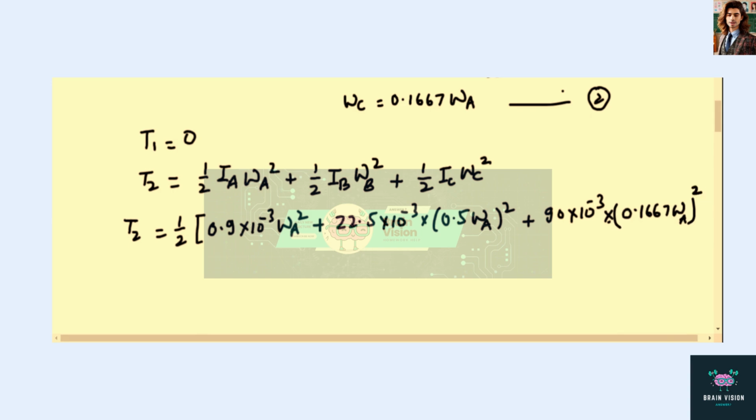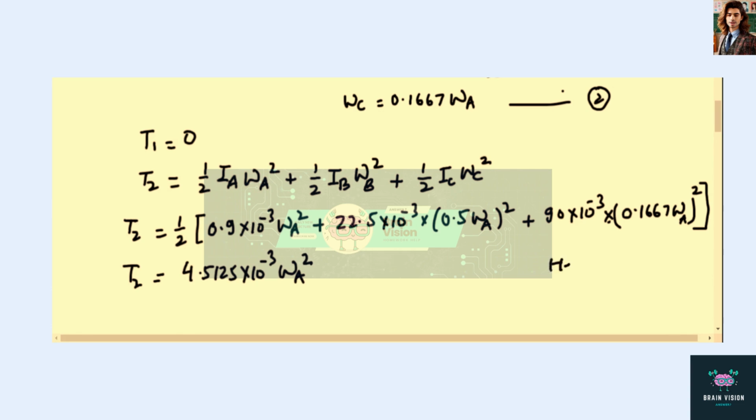On solving this, T2 you will get 4.5125 into 10 to the power minus 3 into omega A square.